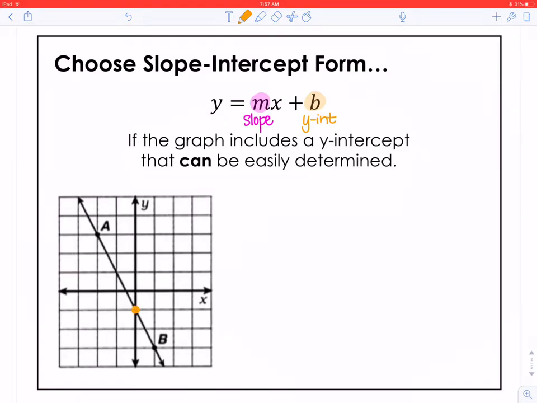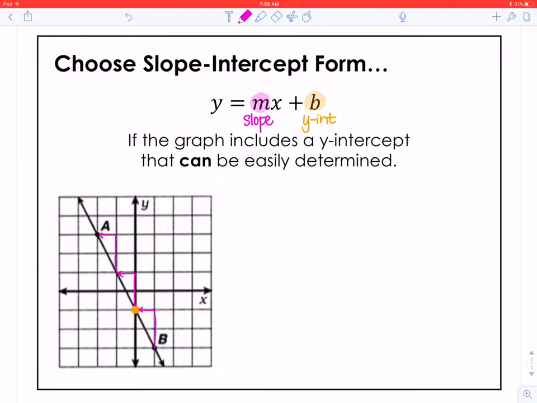Now let's make sure. Let's go back to the points that were given to us, and how are we going to travel from point to point? So let's say I start at point B and I rise to run 1. From there I would rise to run 1, rise to run 1.